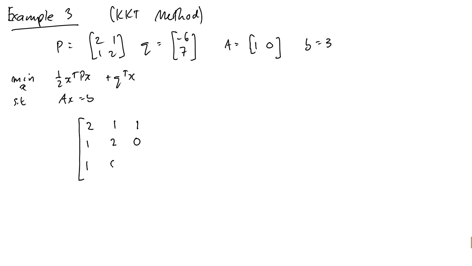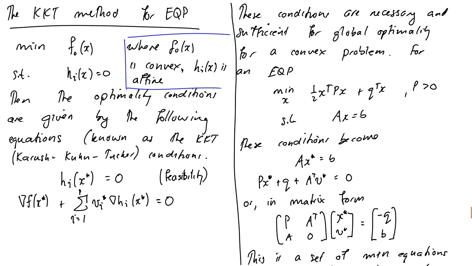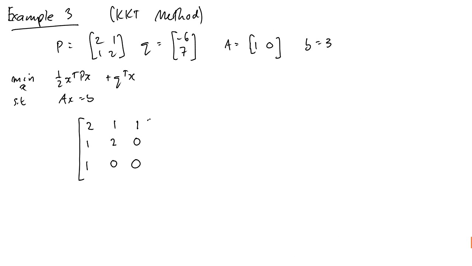It has A in the bottom left. Okay, it's symmetric. It's always going to be a symmetric matrix. And what does it have in the bottom corner? It has 0. And then we have our variables, which in our case will be x1 star, x2 star, and our optimal Lagrange multiplier.